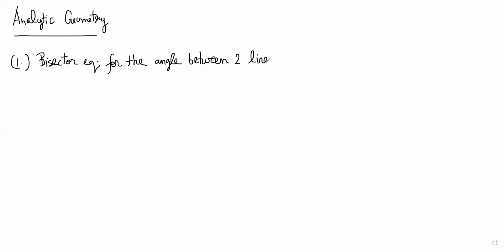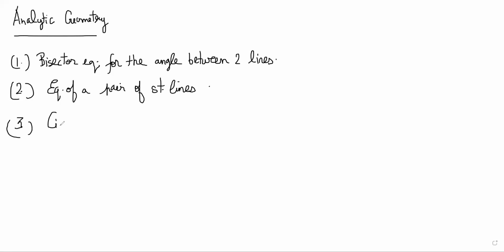The second thing is the equation of a pair of straight lines. And then I want to move on to circle equations, circles. So we'll start off with this bisector.